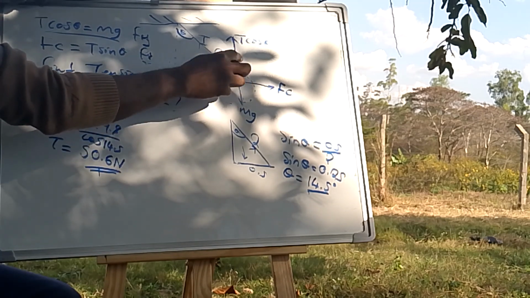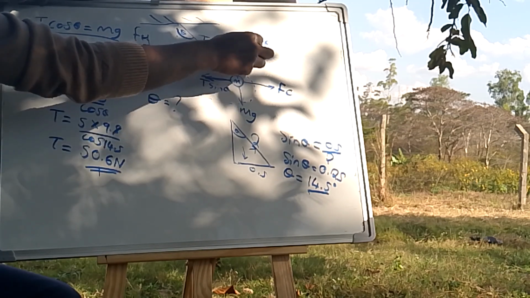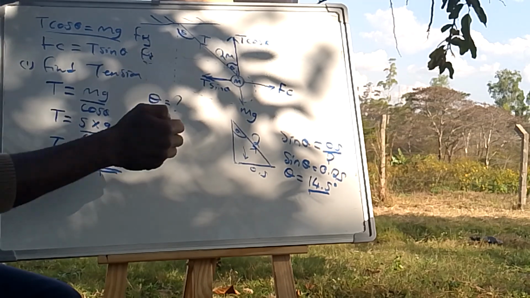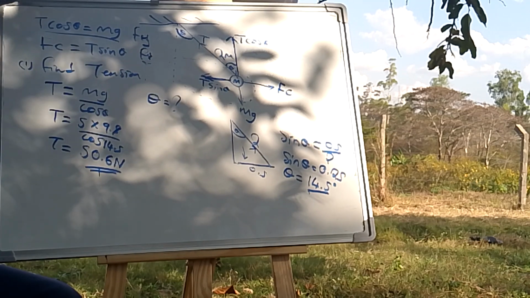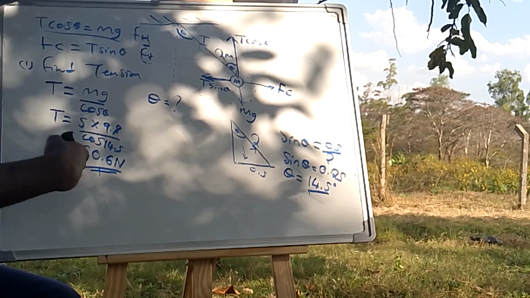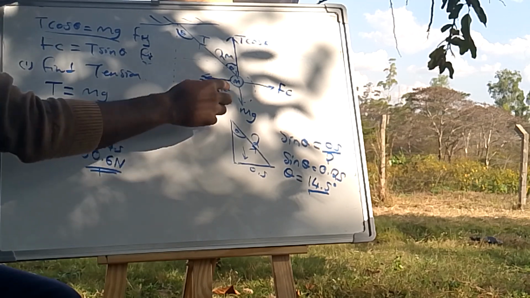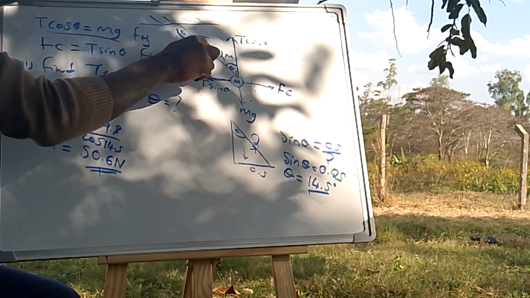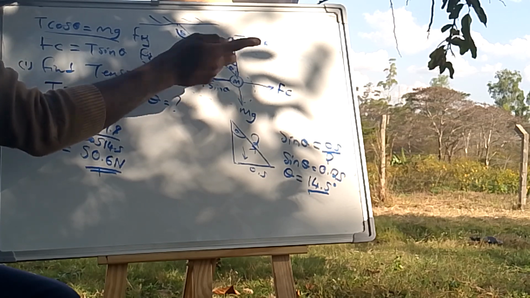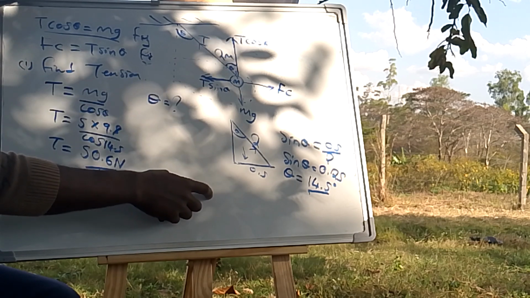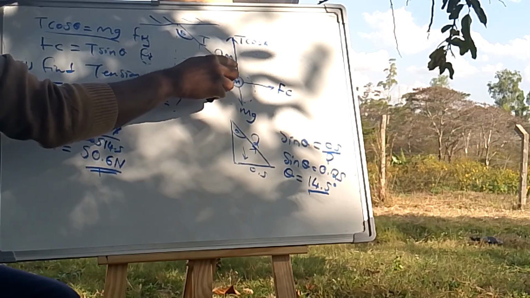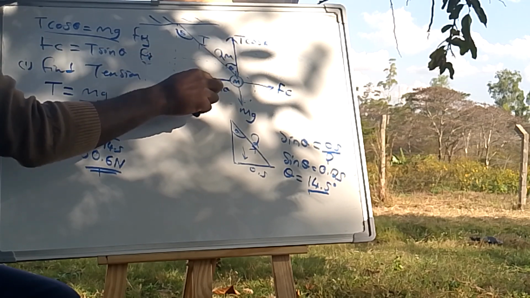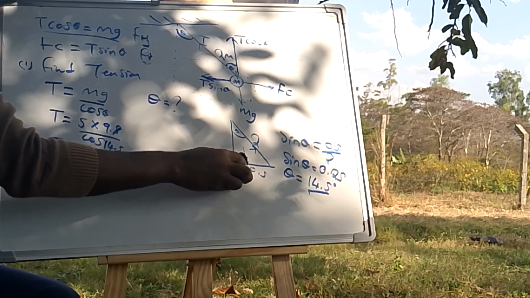Just focus on resolving the tension here, and then equate the vertical forces and the horizontal forces. This is about a conical pendulum; you are making a horizontal circle. Your job is to focus on the bob and resolve the tension in this rope or string or cable, whatever it is. Then the horizontal is going to carry the sine theta.